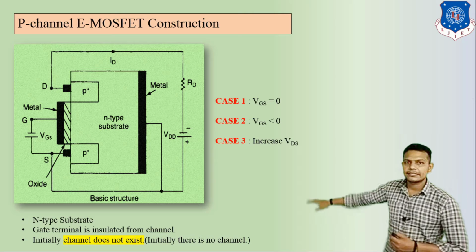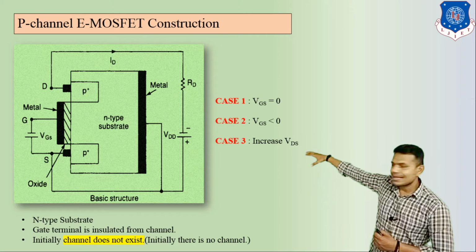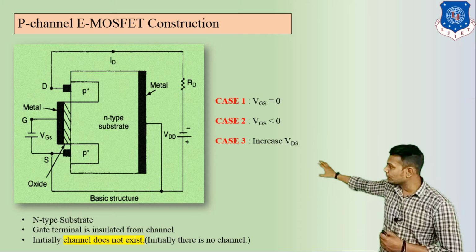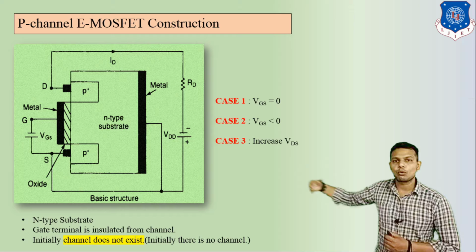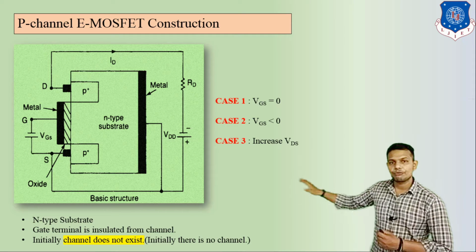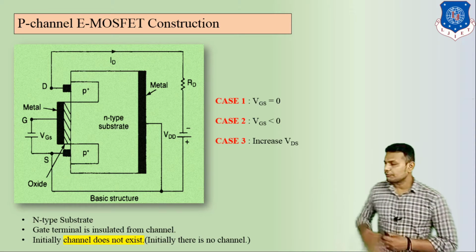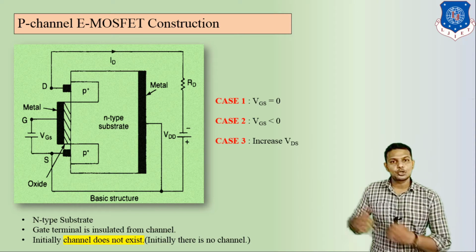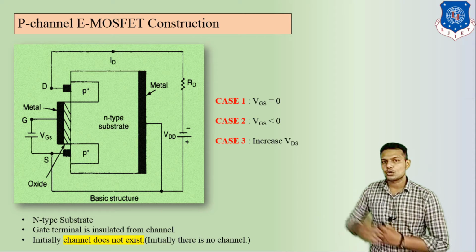Here we can see this is the biasing of E-MOSFET. So biasing should be at 3 terminals. That's why we provide here 2 different batteries, one is VDS and one is VGS. VGS means gate to source voltage, and VDS means drain to source voltage.